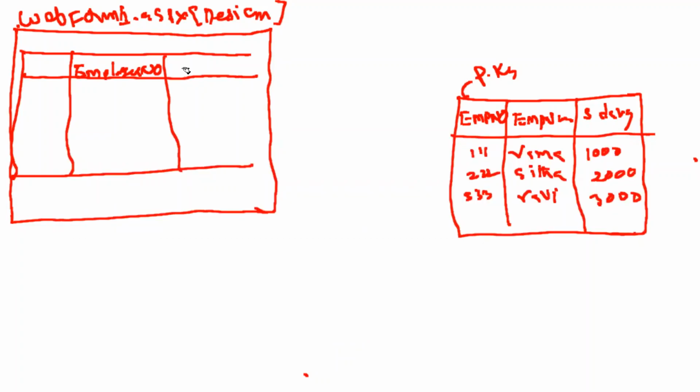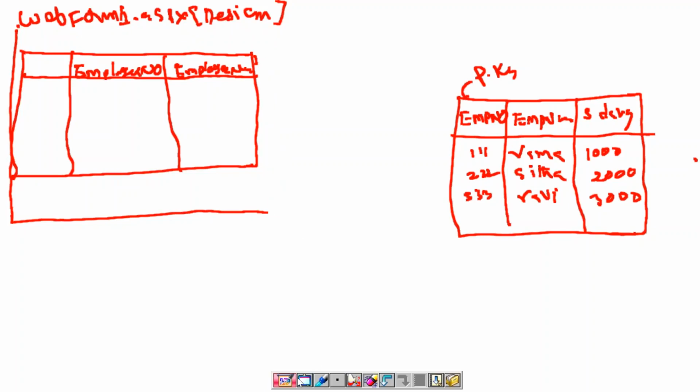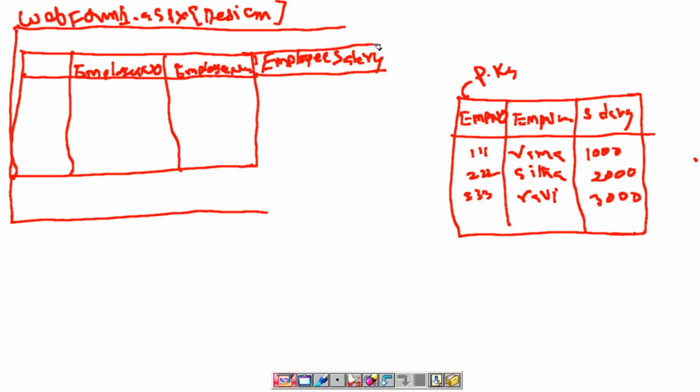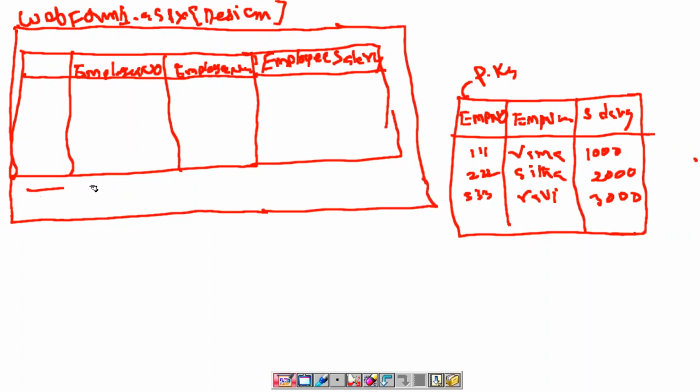Next employee number, next employee name, next you need one more column, right? Salary. Employee salary. And a label.